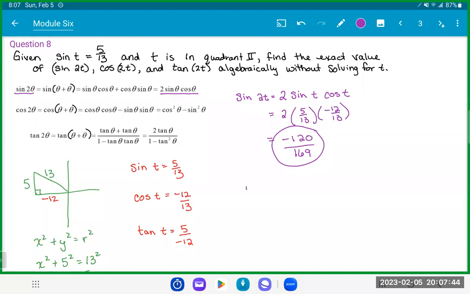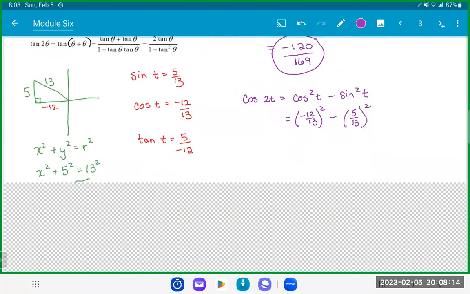Okay, now let's look at the cosine's double angle. So the cosine is cosine squared of t minus sine squared of t. Our cosine we have here is negative 12/13, that's squared, minus our sine, which is 5/13, again squared.